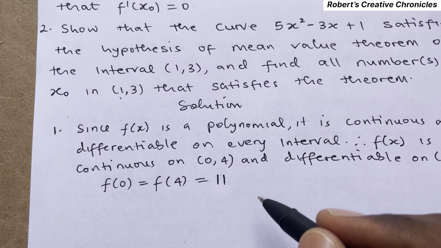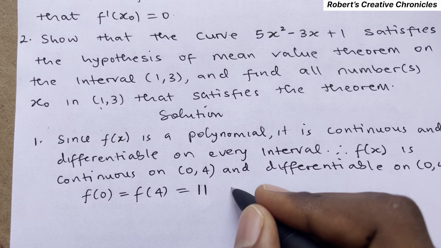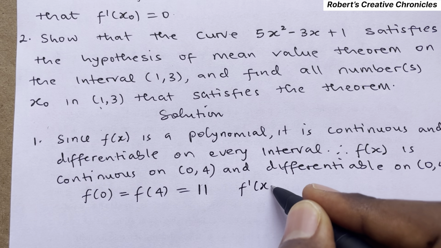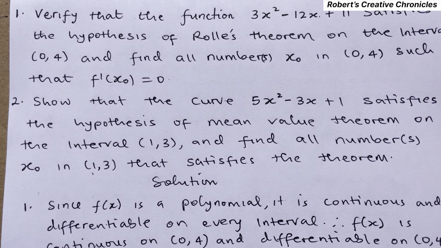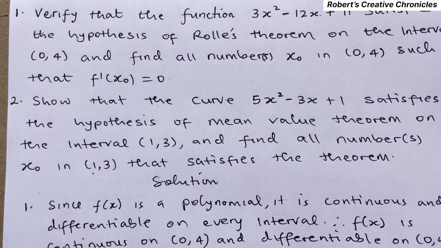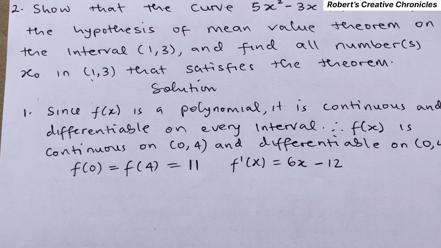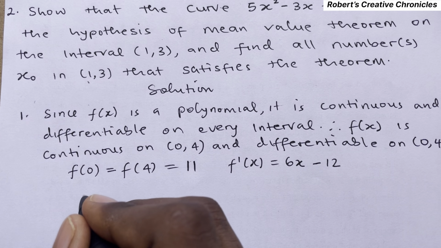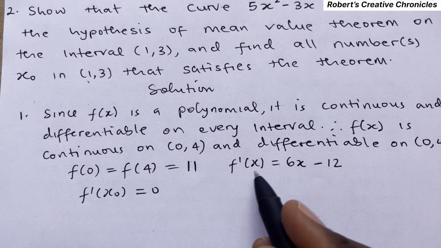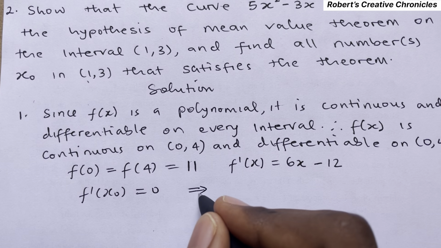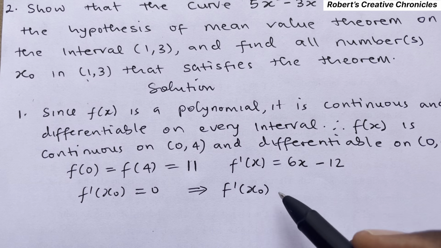Now we have to find the derivative of the function. So f prime x is equal to what? The derivative of this becomes 6x minus 12. Then, according to Rolle's theorem, f prime x0 must be equated to 0. So instead of x, we're going to put x0.